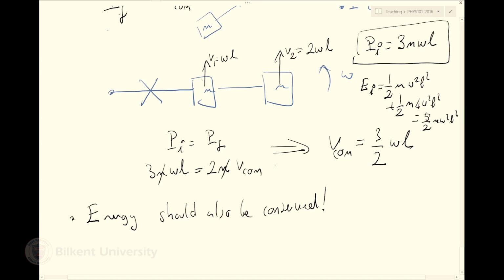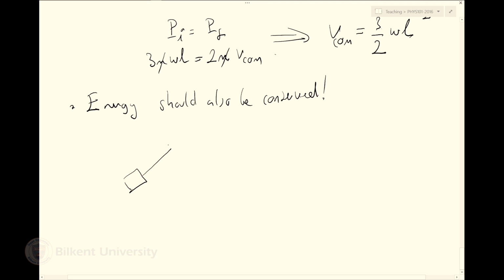How about the energy of this object moving with v center of mass and omega prime? How did we write the kinetic energy of an object that is doing both translational motion and rotational motion?